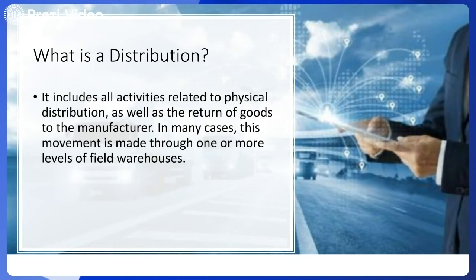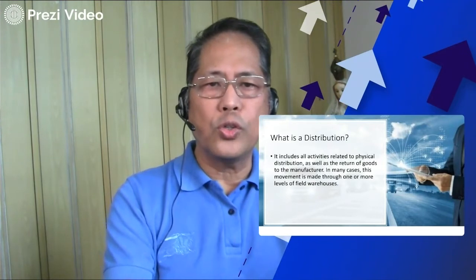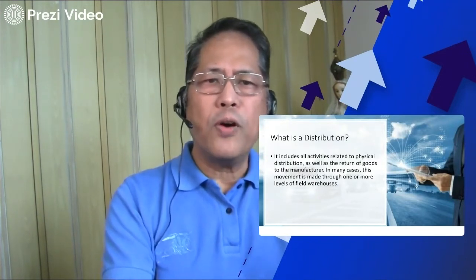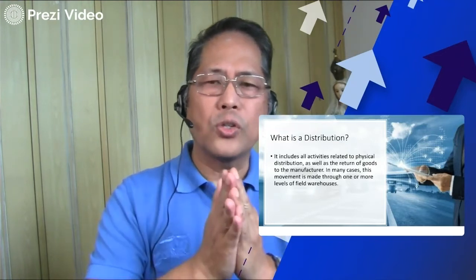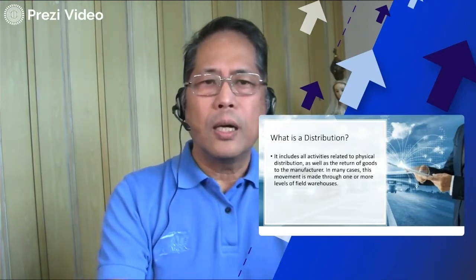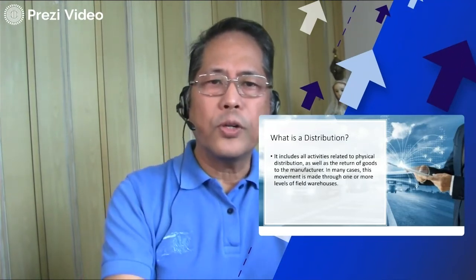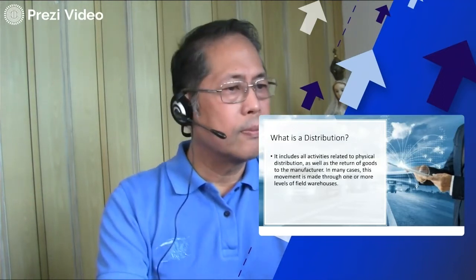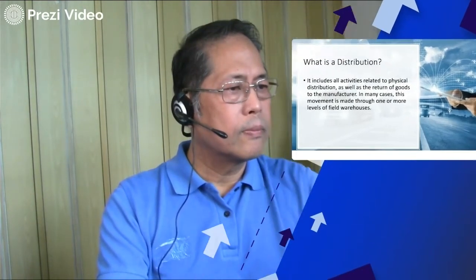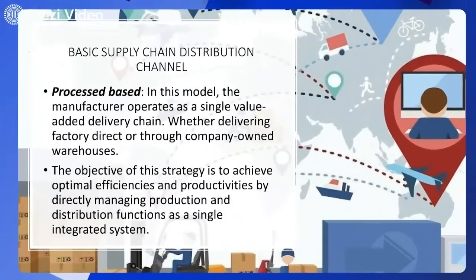Now, class, let us go to the basic supply chain distribution channel. Manufacturers with distribution functions are organized according to one of three possible methods. The first and most popular strategy is process-based.